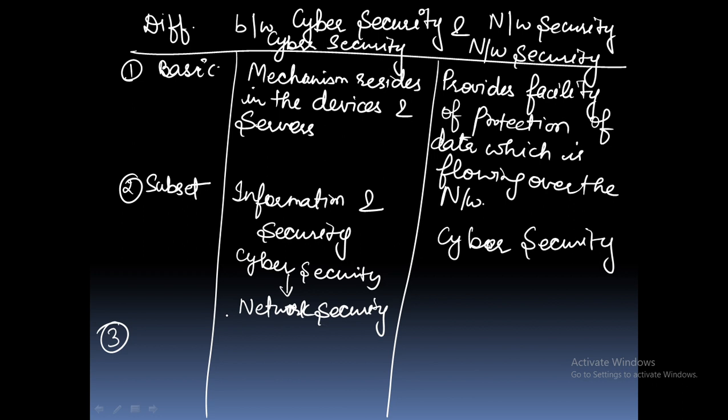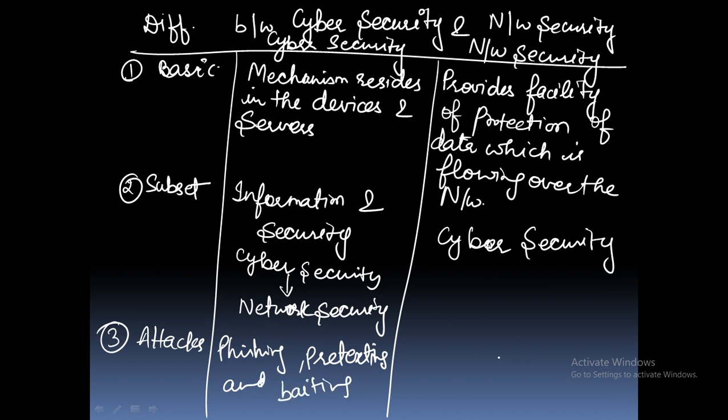The third difference is according to attacks. In cyber security, phishing, pretexting, and baiting are some of the attacks.